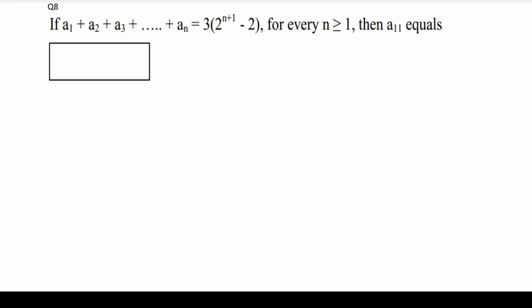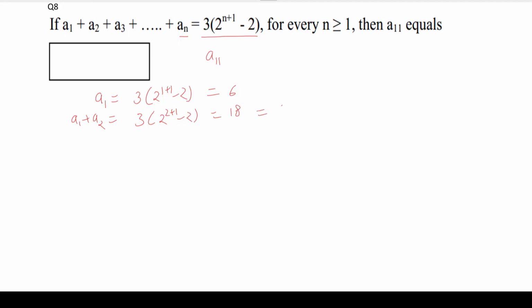Question number 8. If a1 plus a2 plus a3 till an equals 3 into 2 to the power n plus 1 minus 2 for every n greater than or equal to 1, we need to find the value of a11. So a1 equals 3 into 2 to the power 1 plus 1 minus 2, which equals 6. A1 plus a2 will be 3 into 2 to the power 2 plus 1 minus 2, that will be 18.